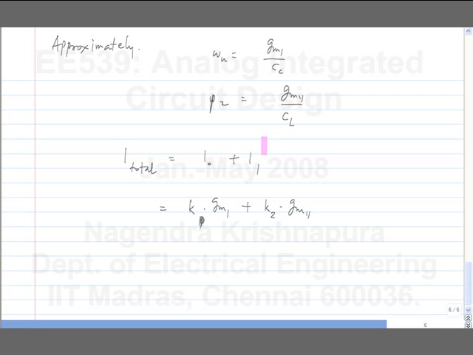Can we reduce I1 indefinitely? Why not? See, the point is CL is fixed. CC is something you choose. So if you reduce Gm1, you can reduce CC and still maintain the same unity gain frequency. Approximately. We know that it's not completely possible because the higher order terms will come into the picture.